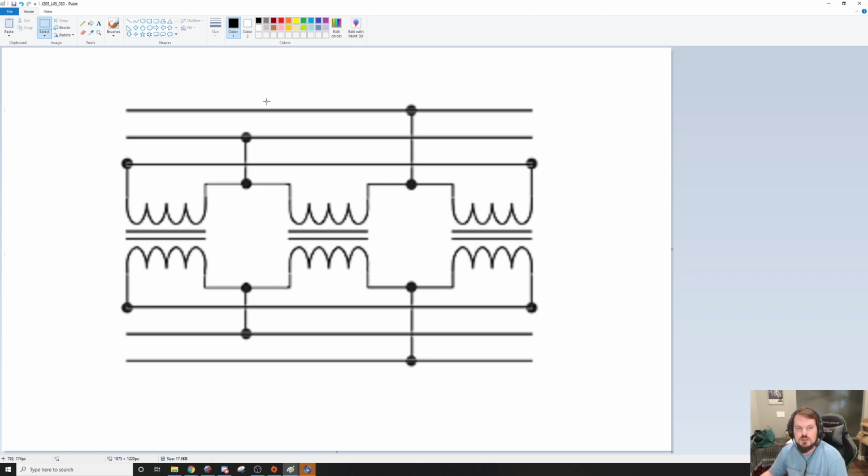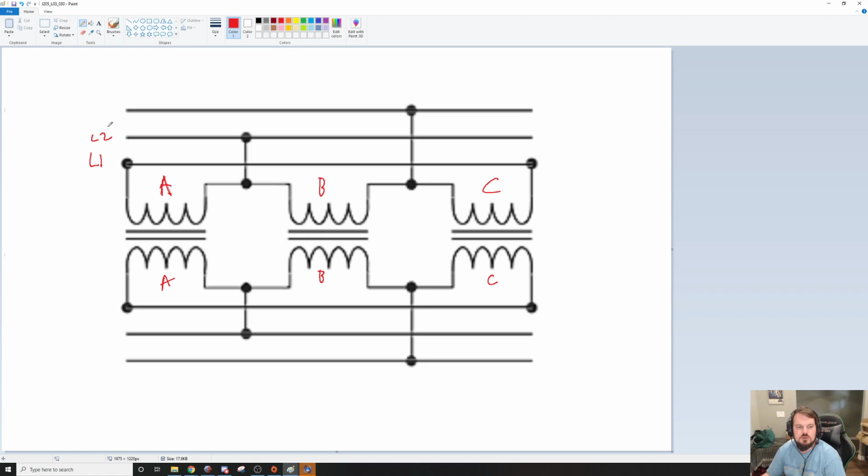Alright, so you can see in this picture, if you were to trace out, you have coil A, B, and C. Down here it's also A, B, and C. What you've got is A and C are connected, A and B, then B and C. Then you have, actually, they label it different.